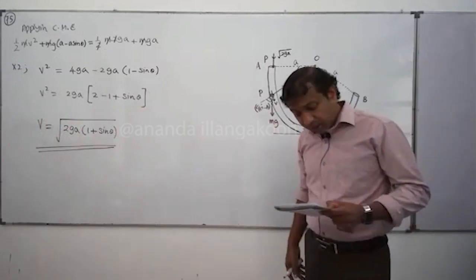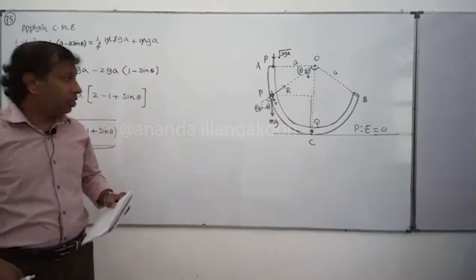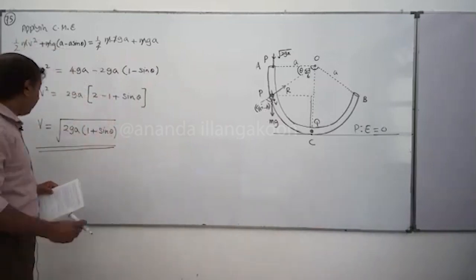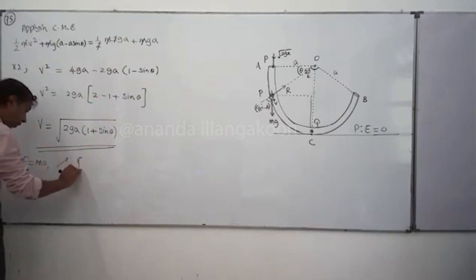Next, it asks for the magnitude of the reaction R on the particle P from the tube B. Now we apply F equals ma in the direction OP.